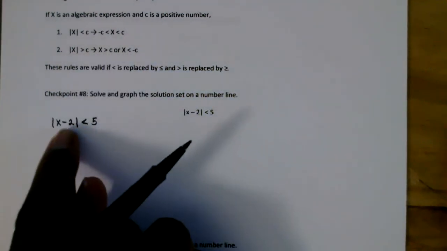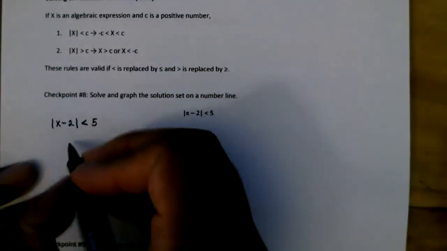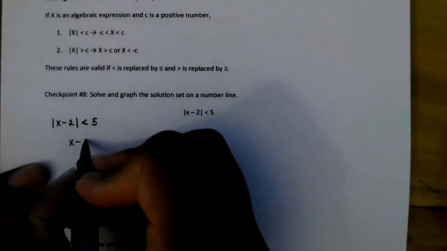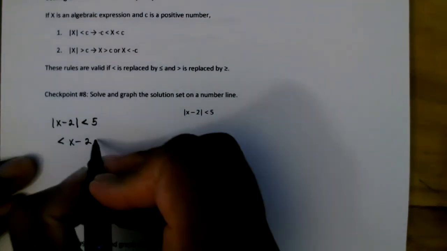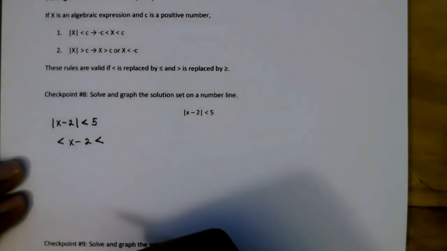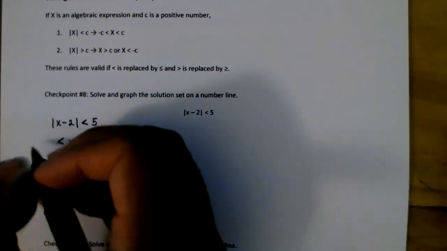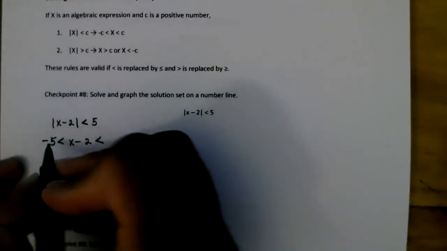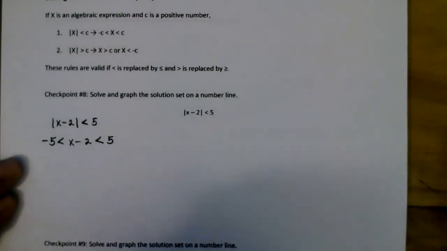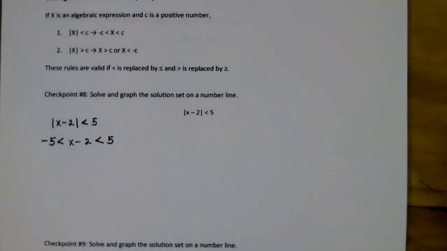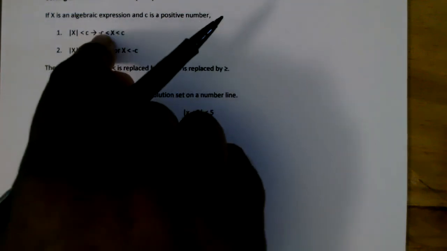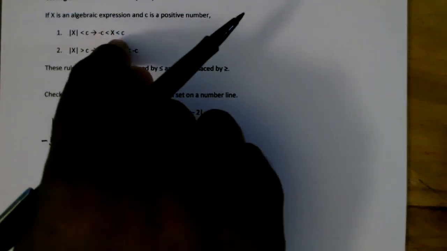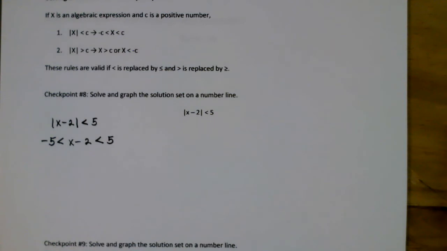So that means this x minus 2 inside the absolute value bars will go in the center of your two less than symbols. The 5 on the left would be negative. The 5 on the right would be positive. Okay, here I'm just following this format for the absolute value being less than a positive constant.